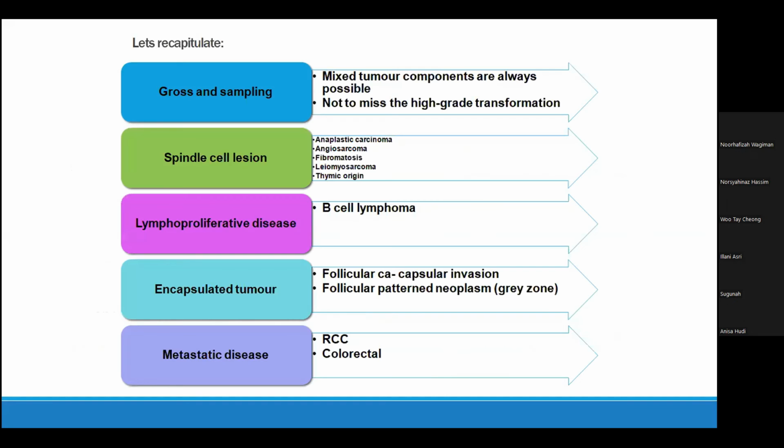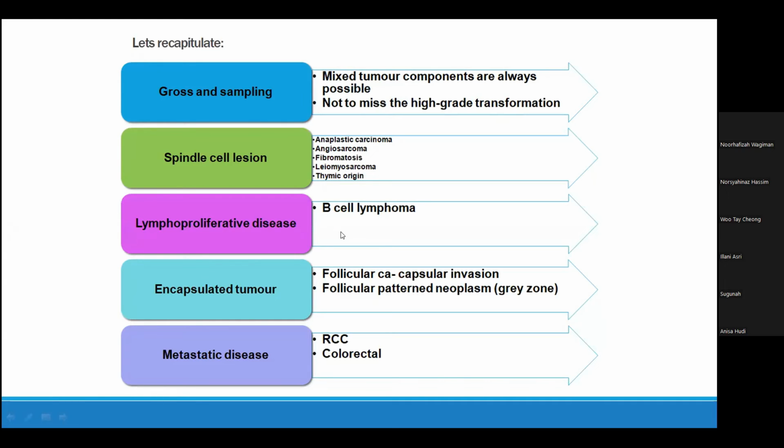Okay, all right. So let's recapitulate what I have discussed in the 12 cases just now. Grossing and sampling: mixed tumor components are always possible, so do not miss high-grade transformation. That is important. Spindle cell lesion in the thyroid area, you can have anaplastic carcinoma, yes. Besides that, you can see angiosarcoma, fibromatosis, leiomyosarcoma, the last case, and then thymic origin, thymoma.